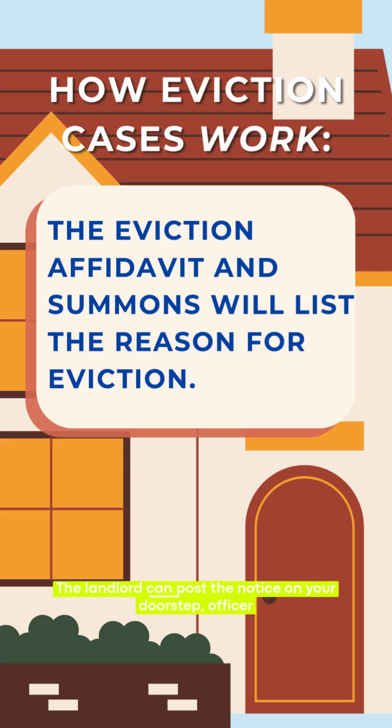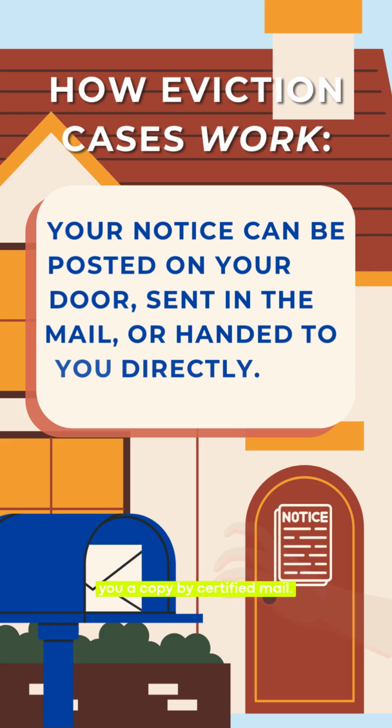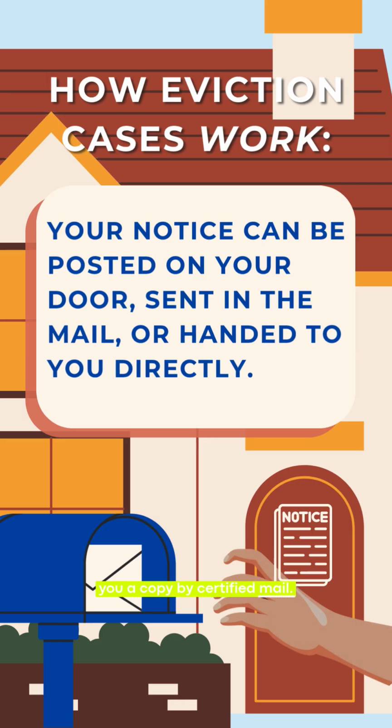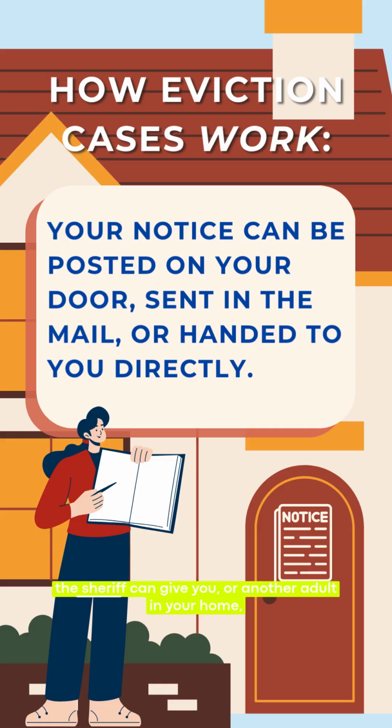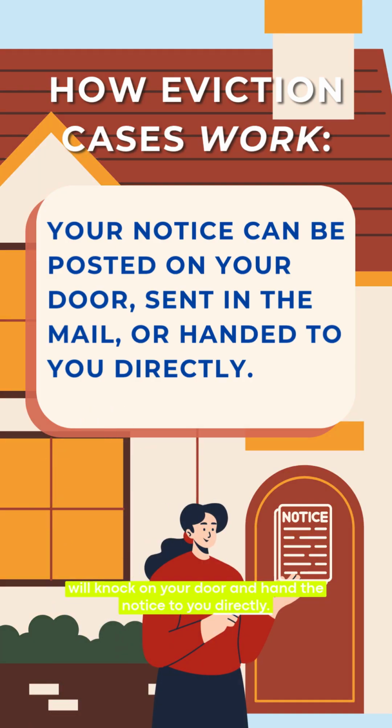The landlord can post the notice on your door and send you a copy by certified mail. Or, the landlord, a process server, which is a person hired to give you the notice, or the sheriff can give you, or another adult in your home, the notice in person. Usually, the person handing you the notice will knock on your door and hand the notice to you directly.